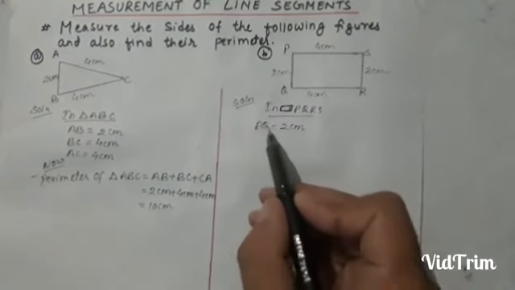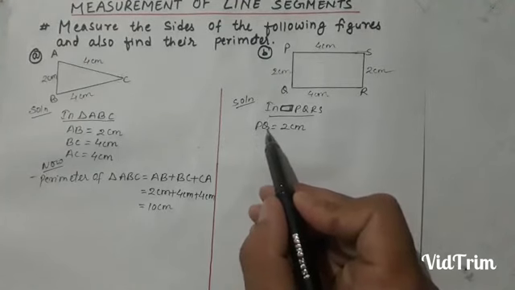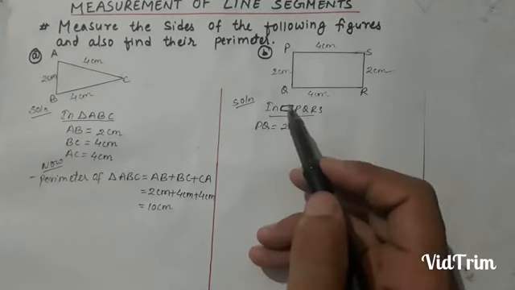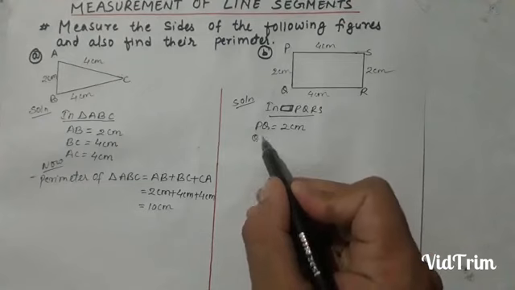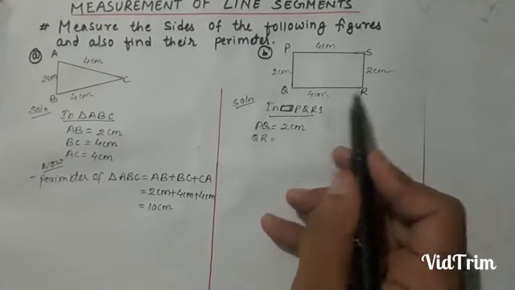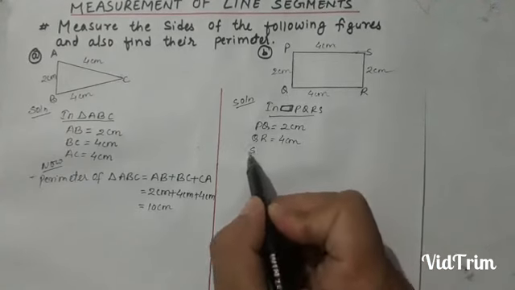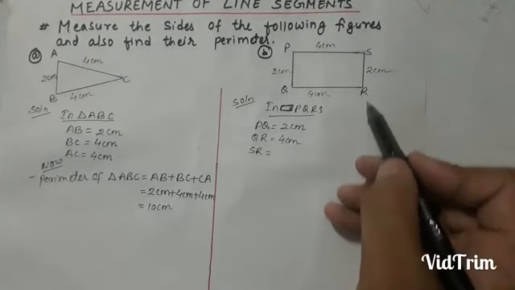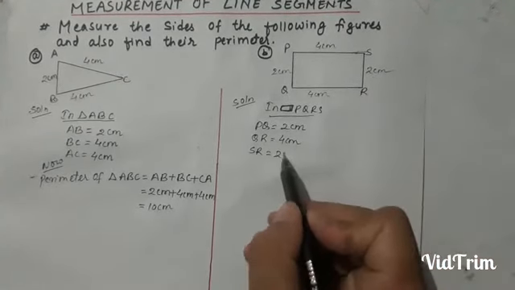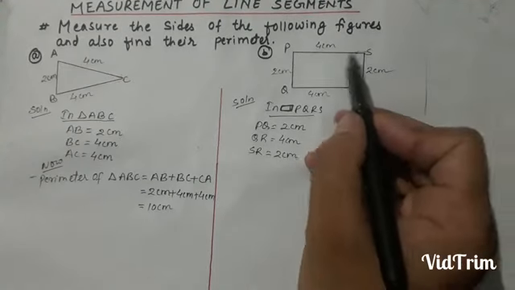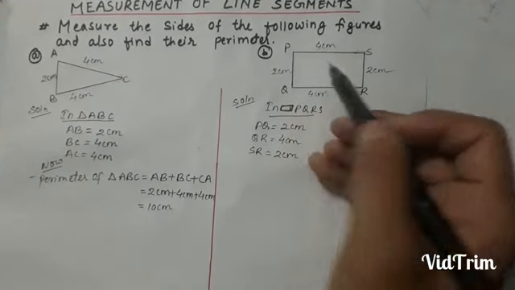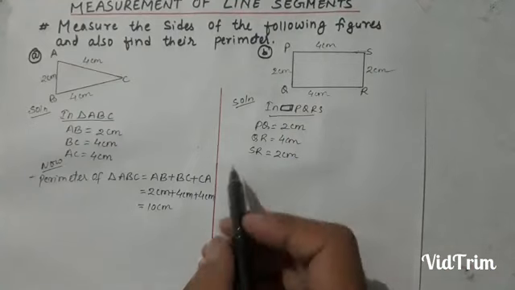So students, the measure of PQ is 2 centimeter. Now let's write the length of QR. QR is, you can see, 4 centimeter. SR you can see it is 2 centimeter, and similarly SP you can see it is 4 centimeter.